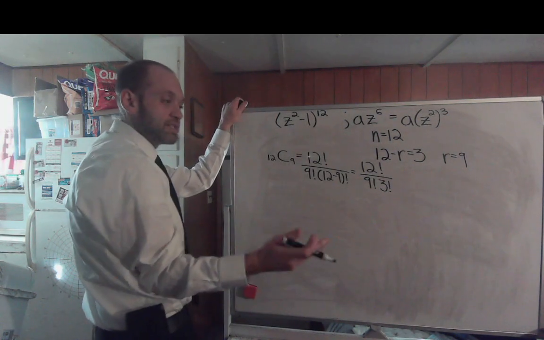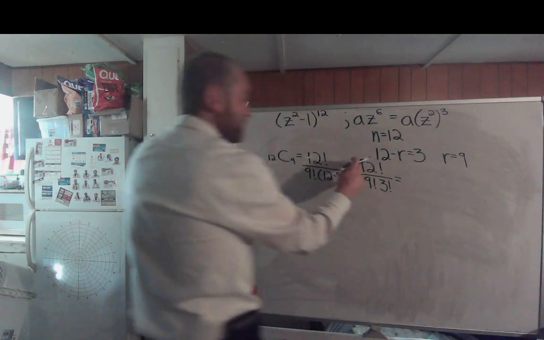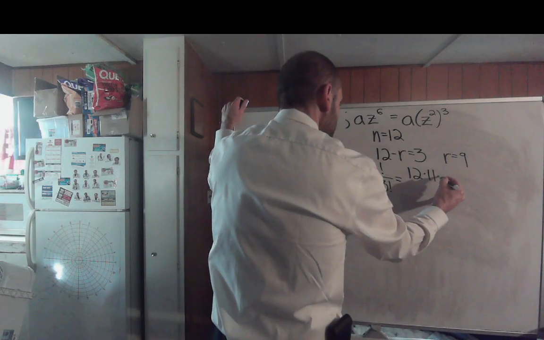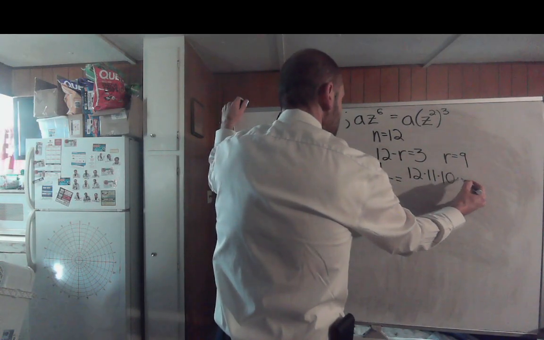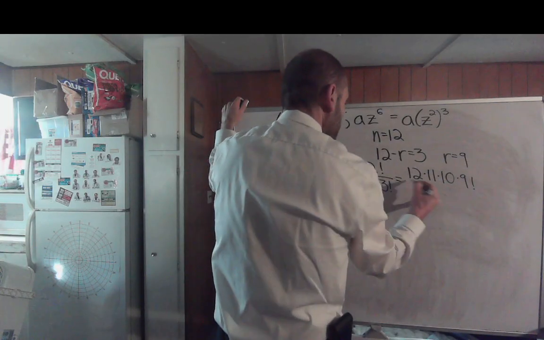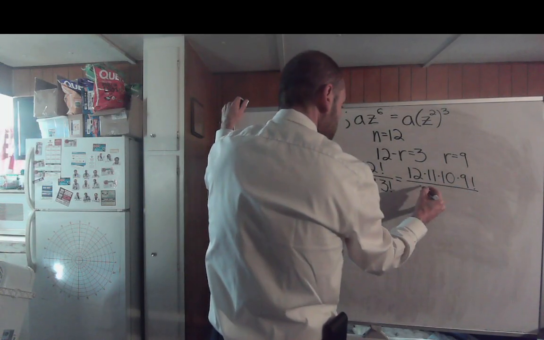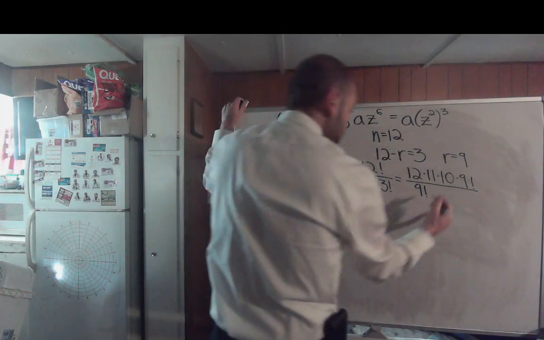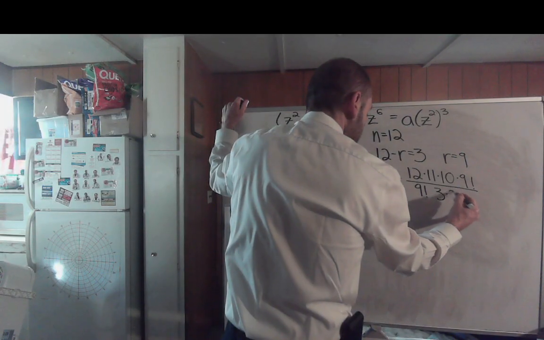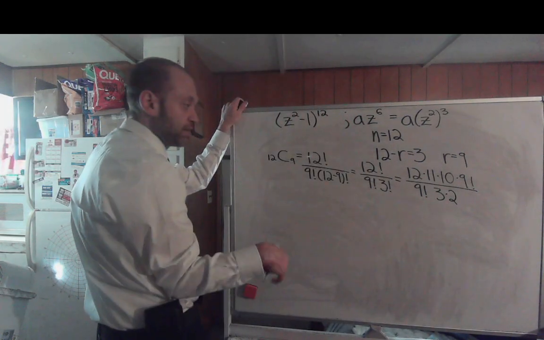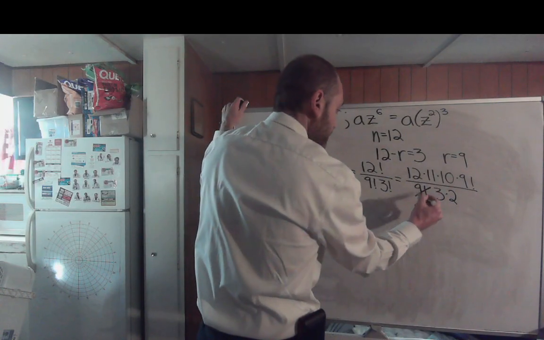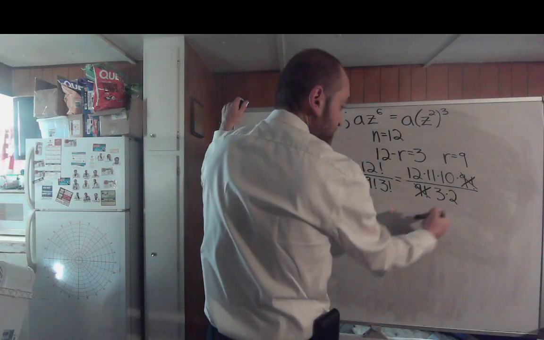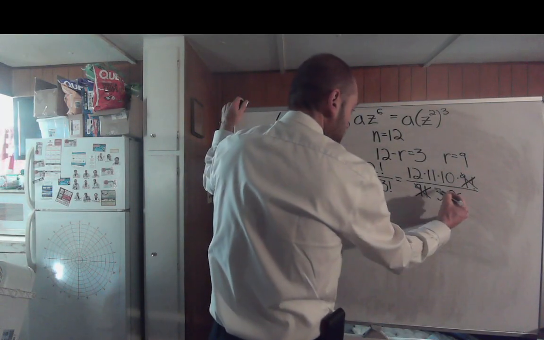Let's go ahead and simplify this a bit. So 12 factorial is the same thing as 12 times 11 times 10 times 9 factorial all over that 9 factorial. And we can expand out that 3 factorial just into 3 times 2 times 1, or 3 times 2. Now notice your 9 factorials cancel. 3 times 2 is 6, which goes into 12 twice.